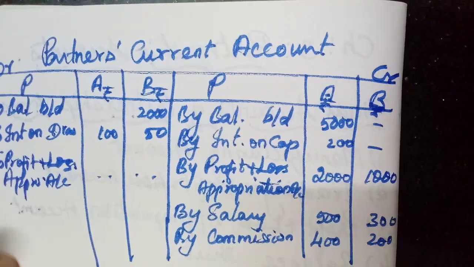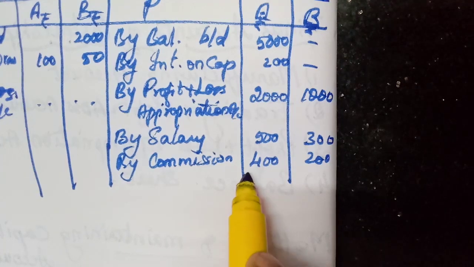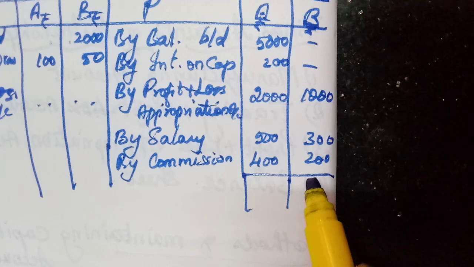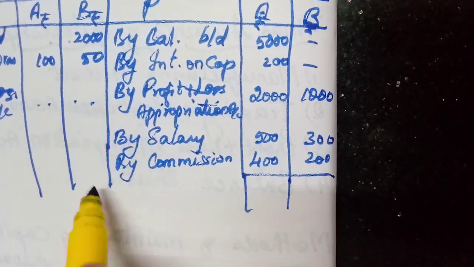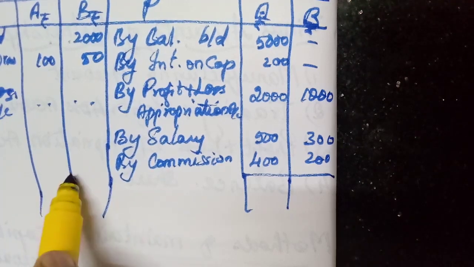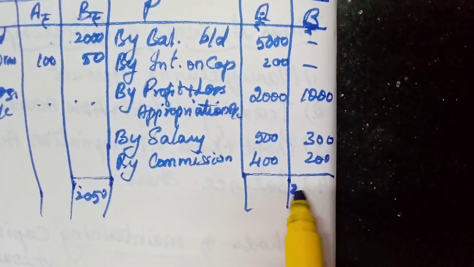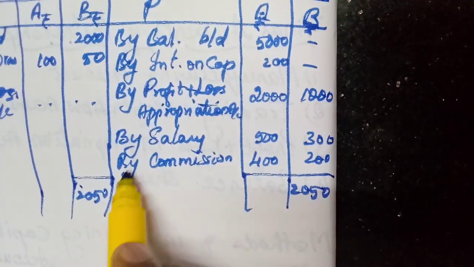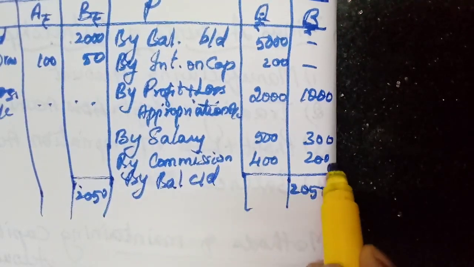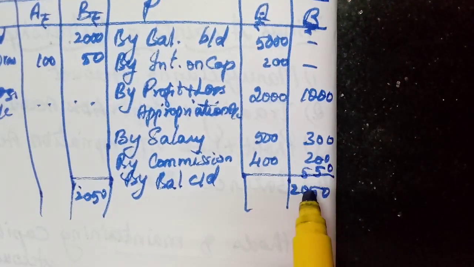Now we should balance this account. This side only. Here again, here 2,050, here less, isn't it? So we have to write here 2,050. Here 2,050. Then by balance carry down. 0, 5, here 5 plus 5, 10, balance 1.